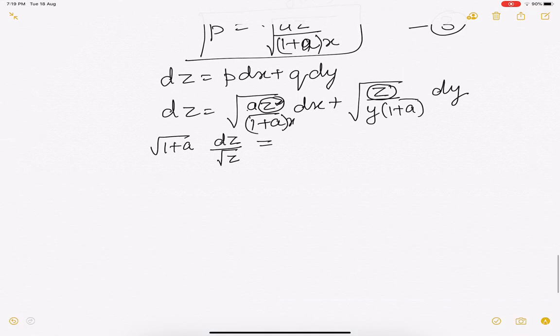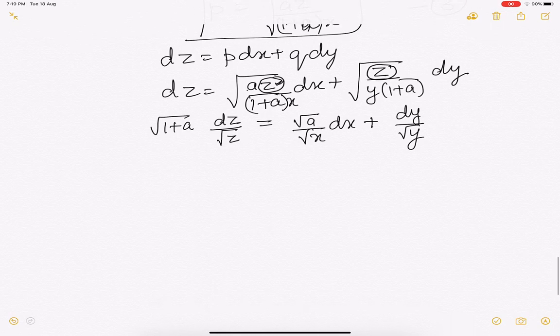So since we have taken z on the one side, on the other side we have root a upon root x dx plus dy upon root y.